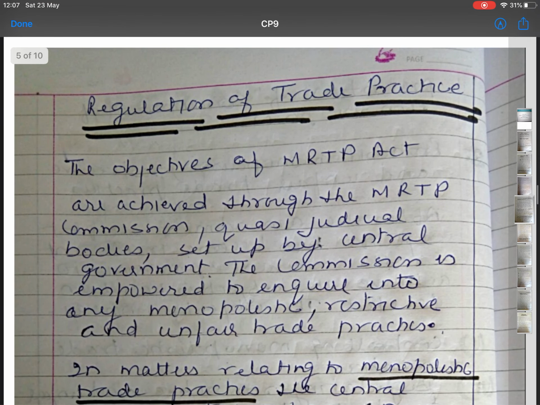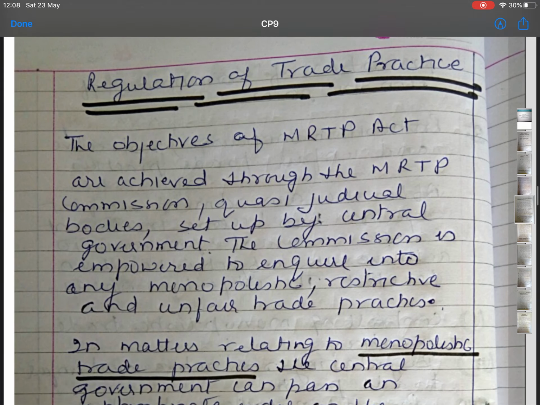Now, regulation of trade practices. The objectives of the MRTP Act are achieved through the MRTP Commission, a quasi-judicial body set up by the central government. The commission is empowered to inquire into any monopolistic, restrictive and unfair trade practices.